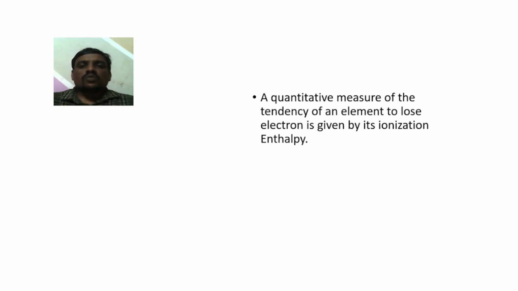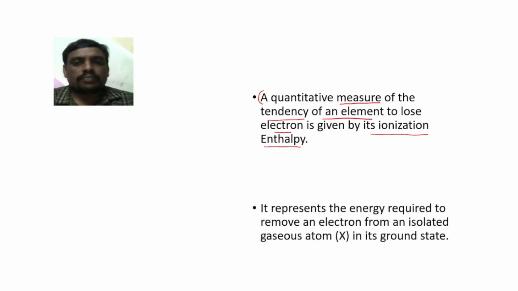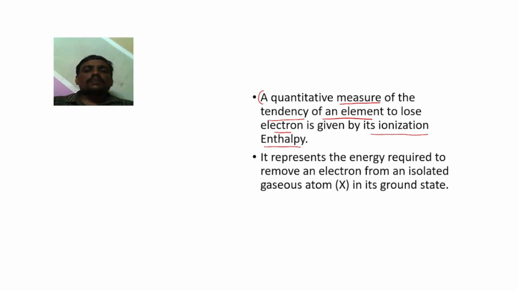Let us see the quantitative measure of the tendency of an element to lose an electron. It is given by its ionization enthalpy. Simply said, the measure of the tendency of an element to lose an electron is given by its ionization enthalpy, which is the energy required to remove an electron.